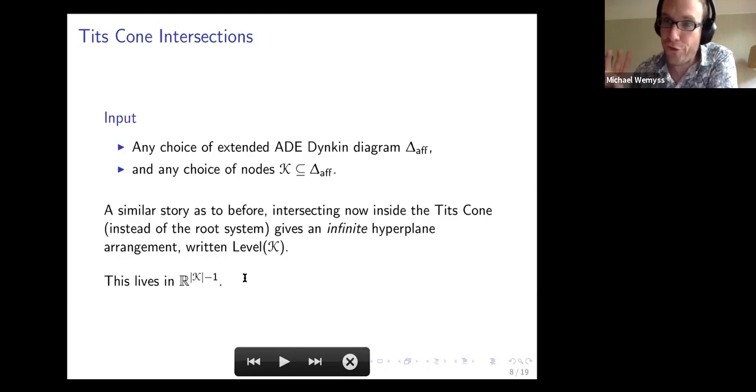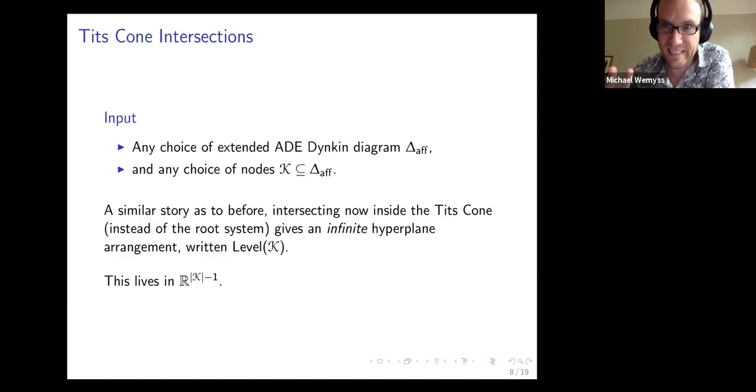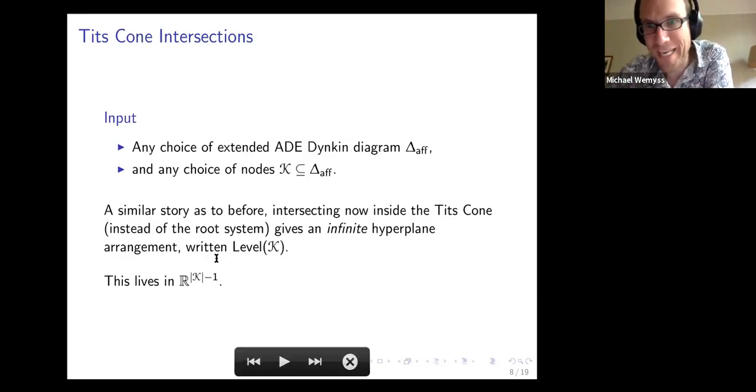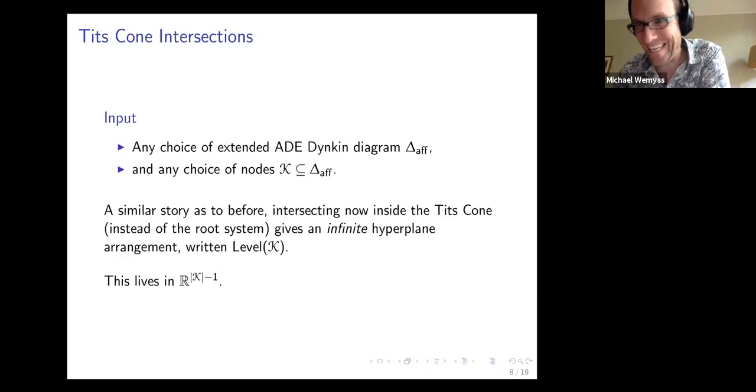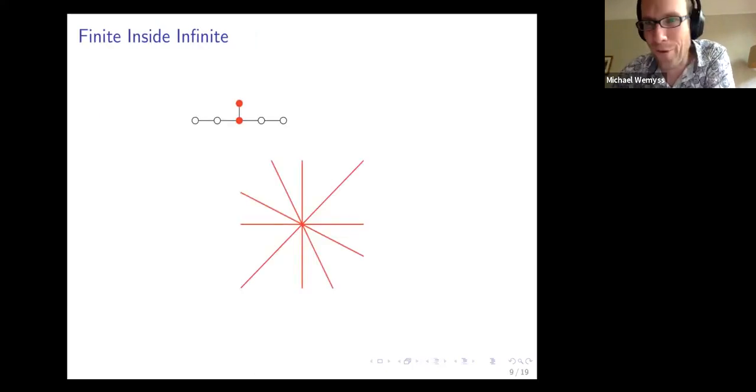So if you choose 3 nodes inside an extended Dynkin diagram, you're in R2. Okay, and just for experts, if there are any in the audience, I am taking the level just so I can draw the picture. We can do things without taking the level, but if you're not an expert, you can ignore that comment.